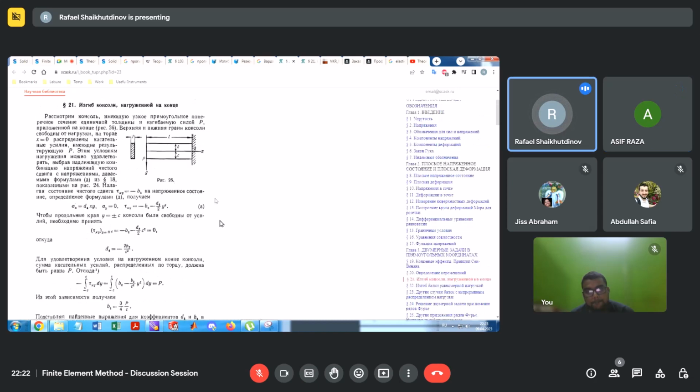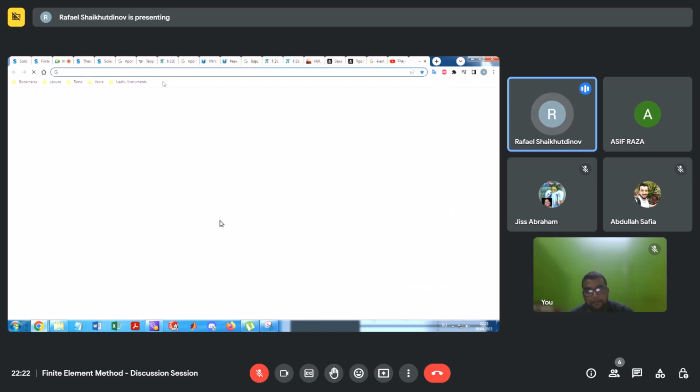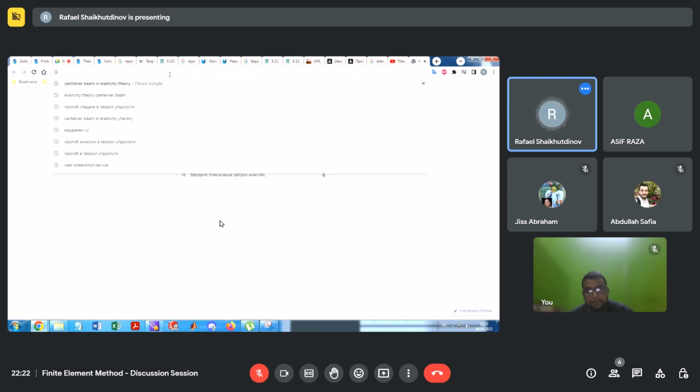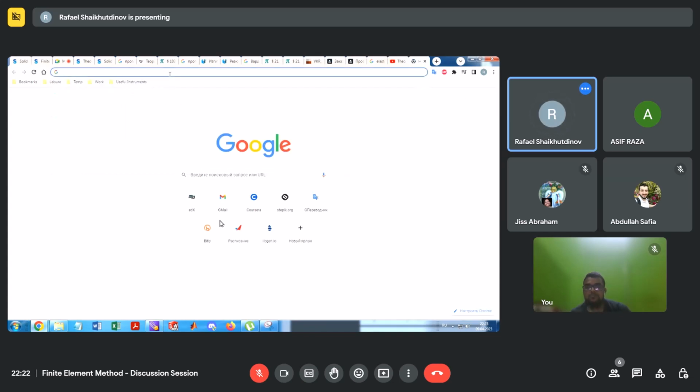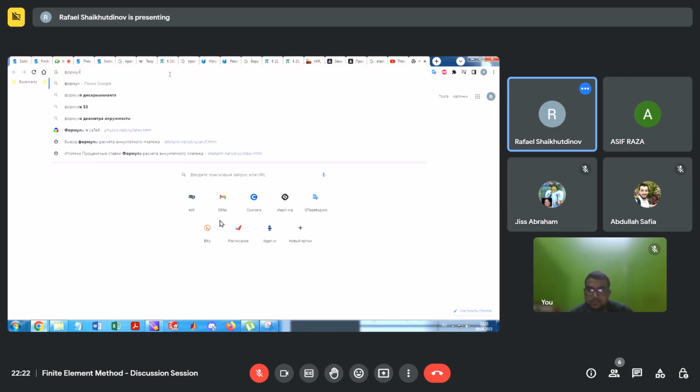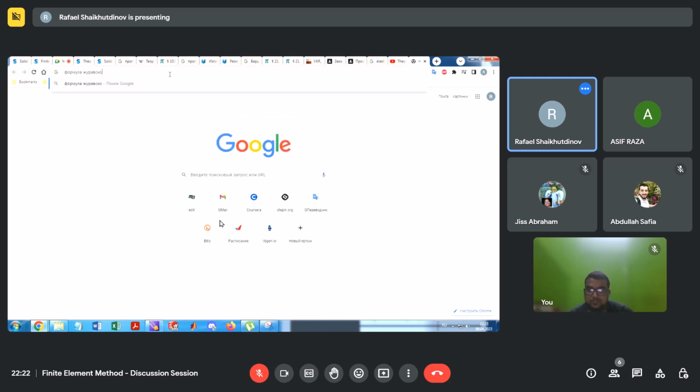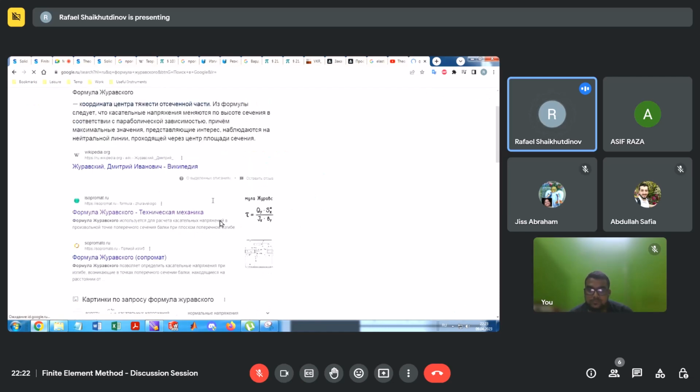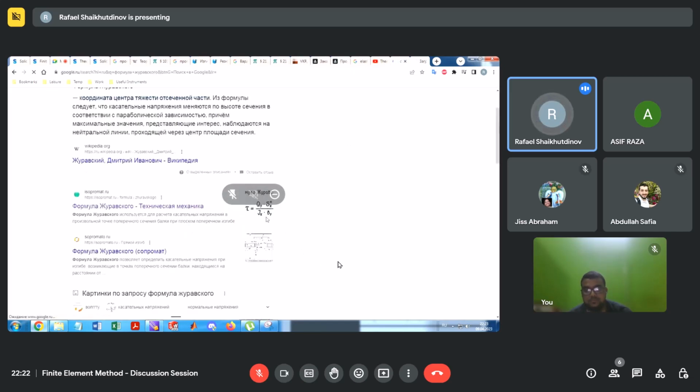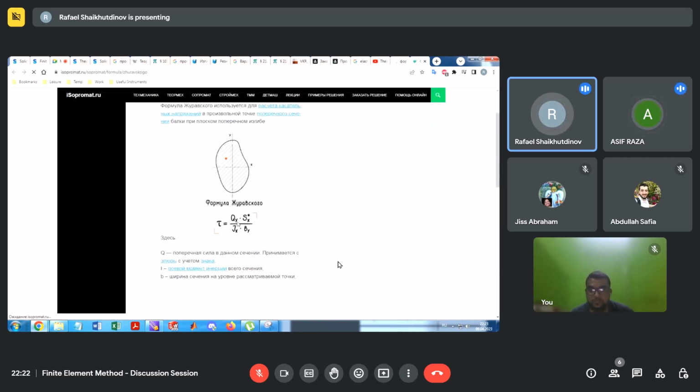Look, this is from a theory of elasticity book, and they are just checking this stress function with this condition. I can tell you the formula, you can recognize it.